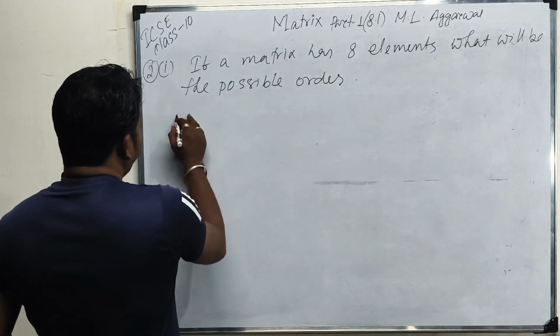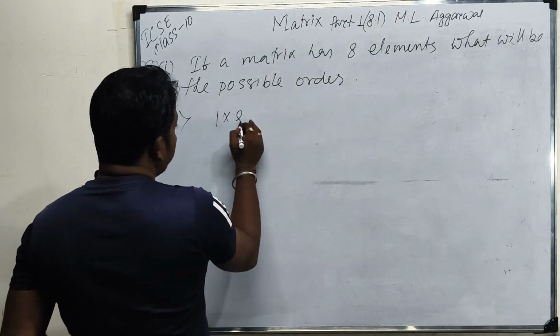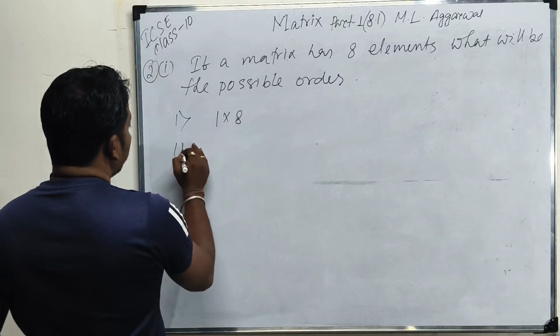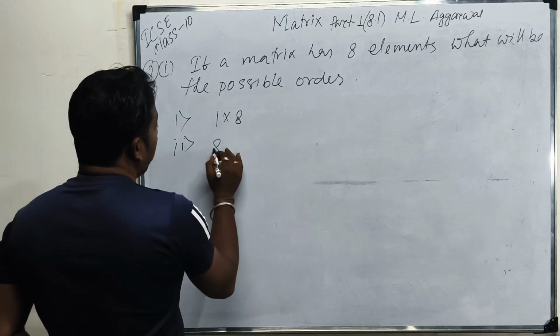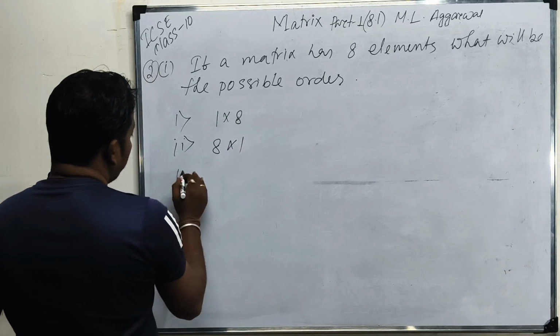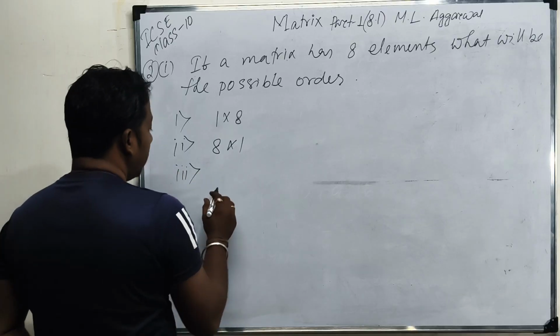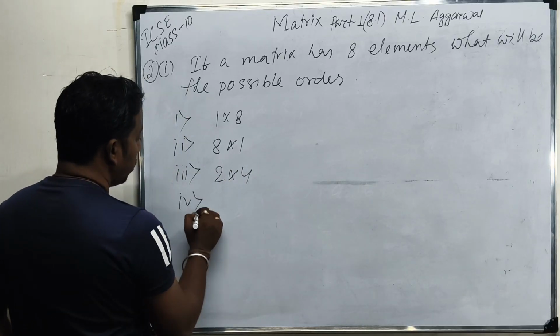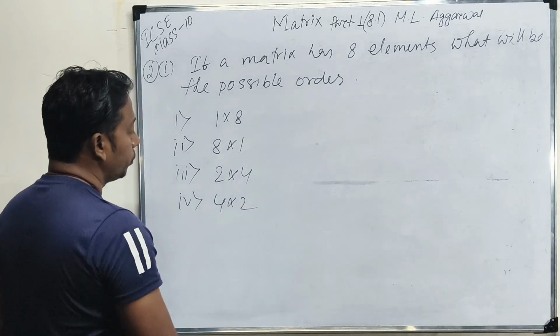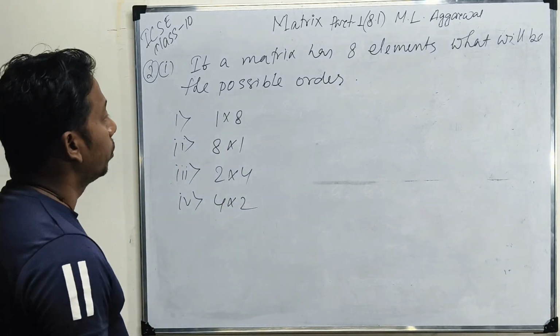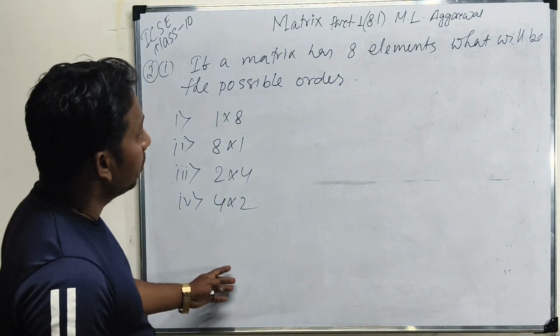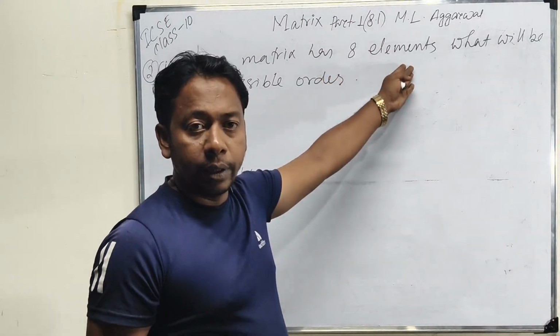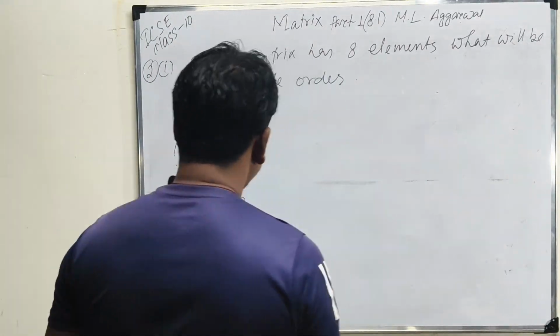Simply we can write the possible orders: number 1 is 1 cross 8, number 2 is 8 cross 1, number 3 is 2 cross 4 matrix, or 4 cross 2. So these 4 possible orders can be possible in the case of 8 elements of a matrix. Clear?